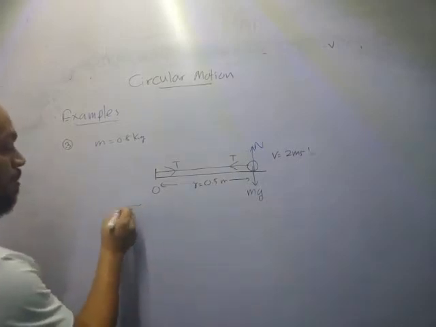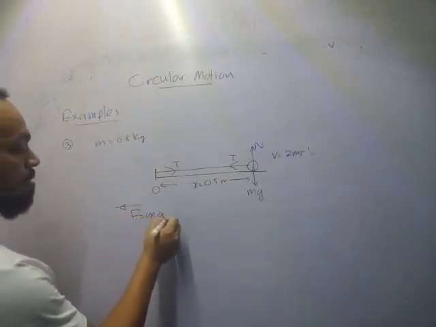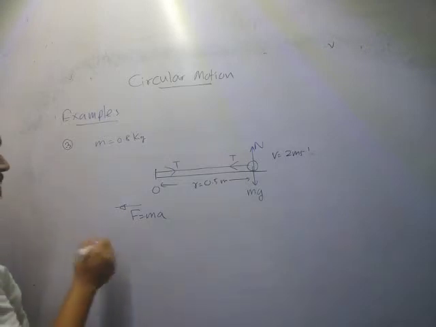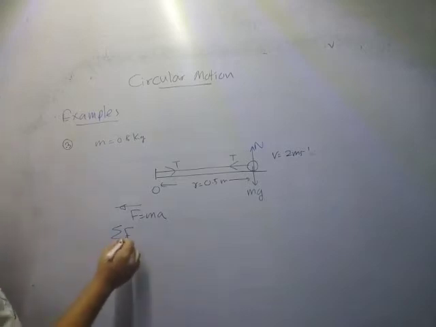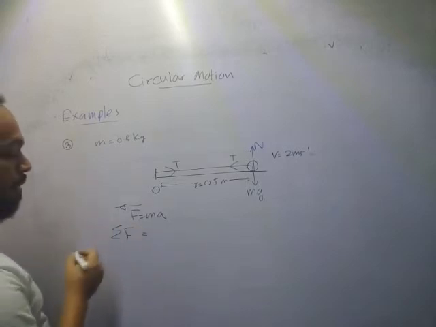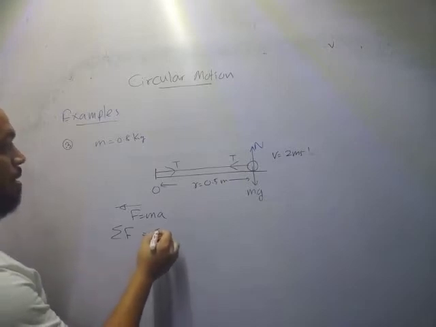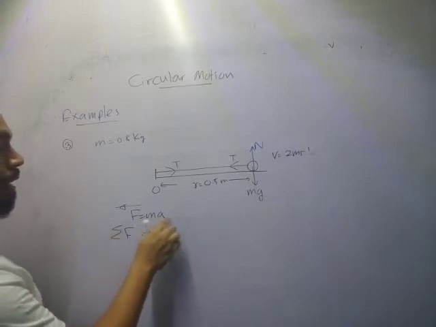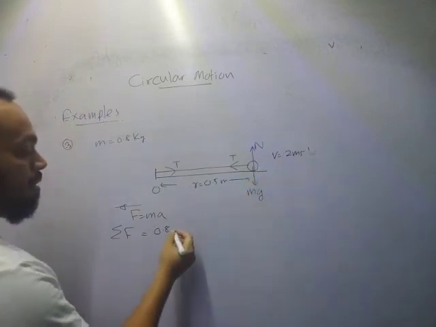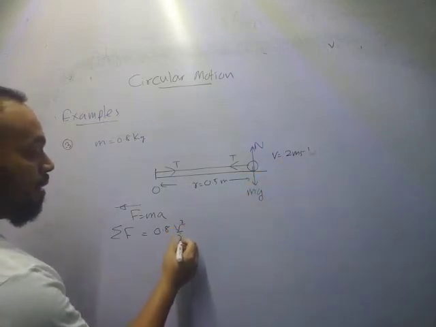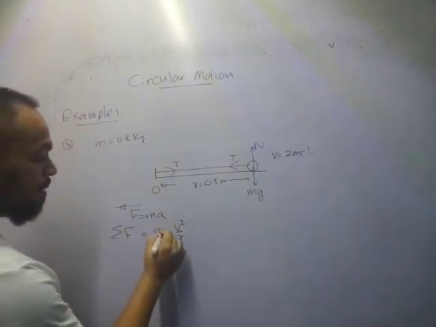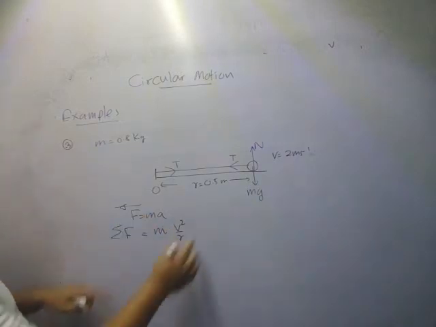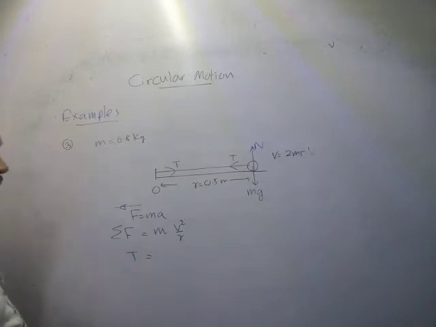So if you put F equals ma in this direction, the sum of all the force components will be equal to mass, which is 0.8, times a. And since v is given, a should be v squared over r. This is the equation that we are going to use. So let's put m. We have only T, nothing else.